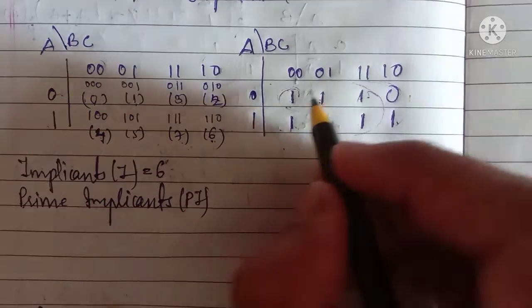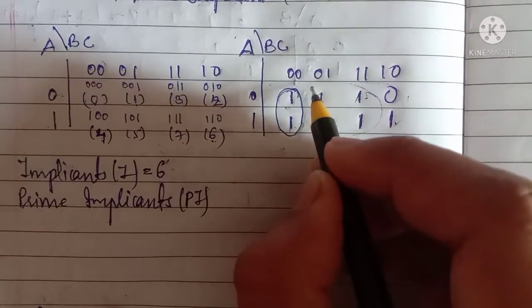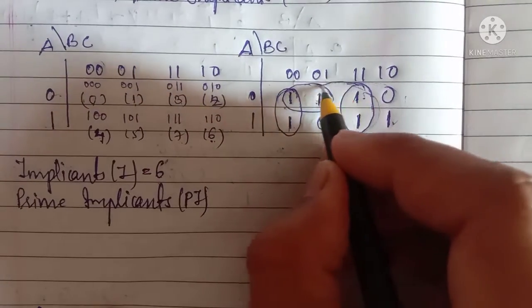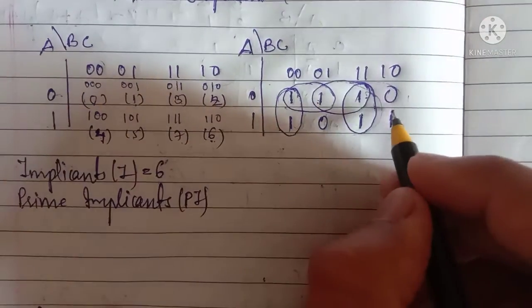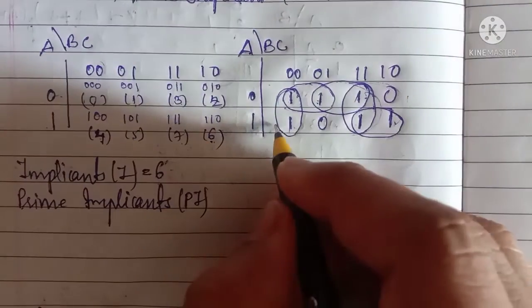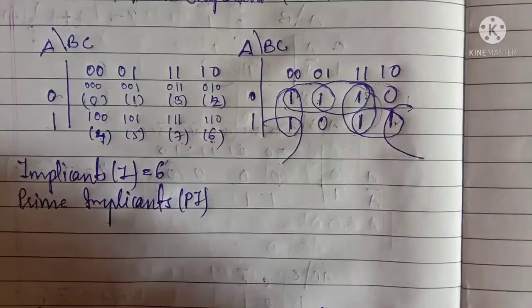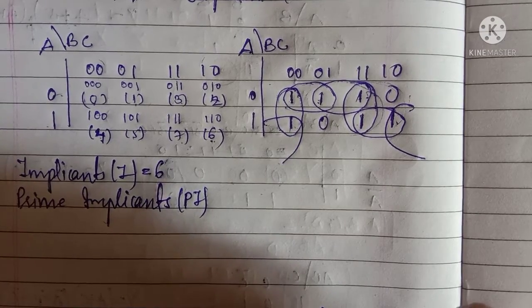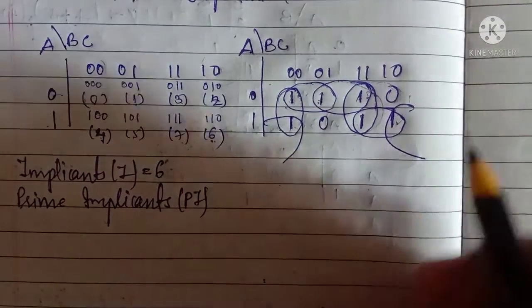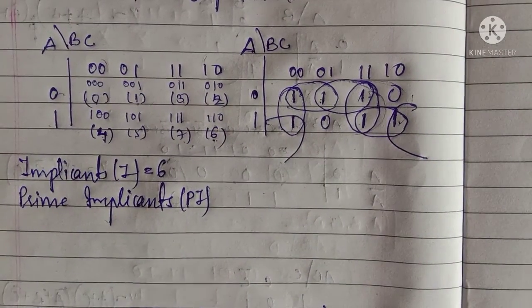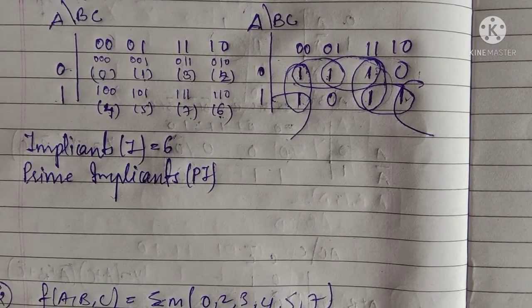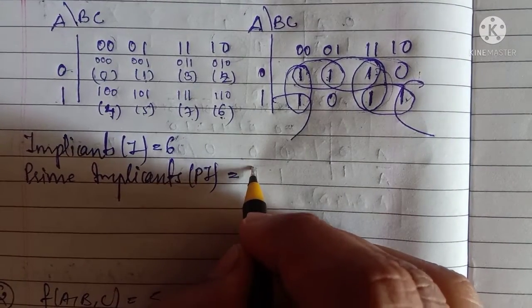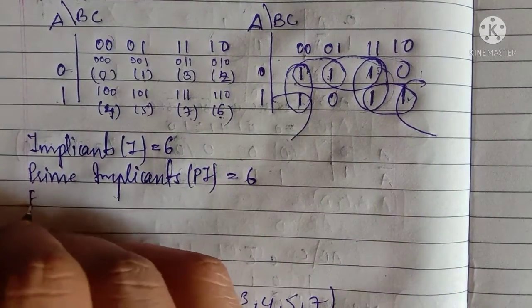This is my first group, second group, third group, fourth group, fifth group, sixth group. This is the possible groups which we can form. You just need to find out the possibilities of forming groups. Understood? So the number of groups is 6.